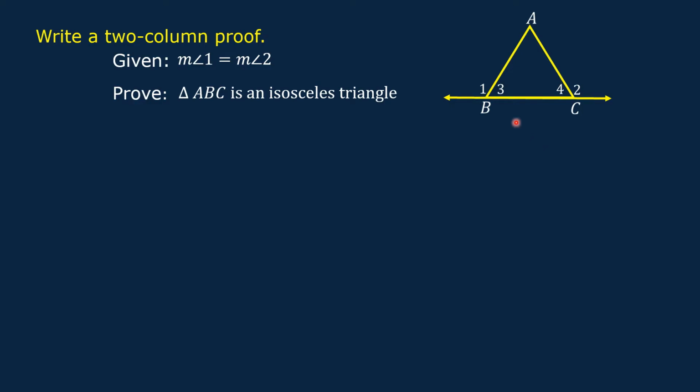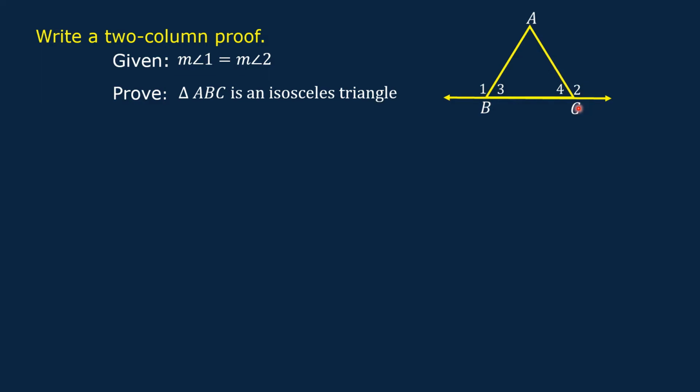So we can then say that the sum of the measures of angle 3 and angle 1 is 180 degrees, and also the sum of the measures of angle 4 and angle 2 is equal to 180 degrees. If we can show that angle 3 is congruent to angle 4, then we can say that side AB is congruent to side AC.